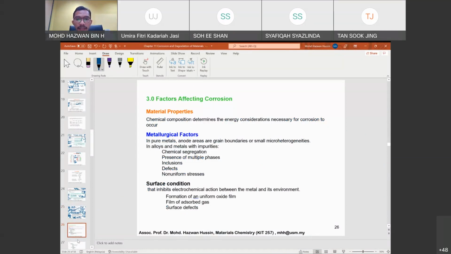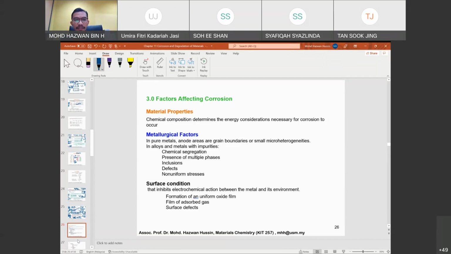In a pure metal, anode areas are grain boundaries or small micro heterogeneities. In alloys and metals with impurities, you can have chemical segregation and the presence of multiple phases.